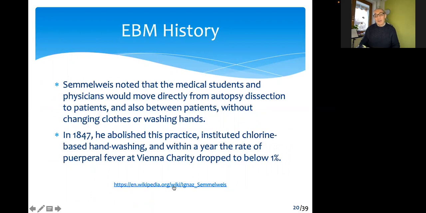And he found out that there could be a connection between touching the dead bodies and helping in the delivery. So he abolished this practice in 1847 and instituted chlorine-based hand washing, which is still a very useful disinfectant material, which we use in our daily practice, also at home or in health institutions.